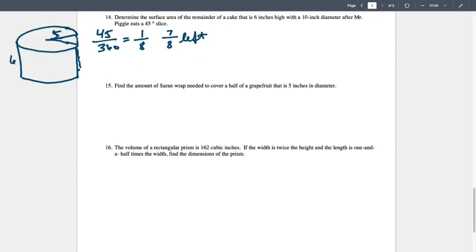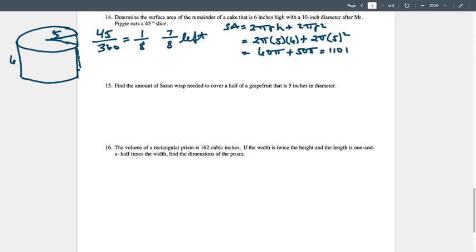All right, so if we calculate the cylinder's total surface area, my formula is 2 pi RH plus 2 pi r squared. So we'll do 2 pi, my radius is 5, the height is 6. All right, so 2 times 5 is 10, times 6 is 60, so 60 pi, plus 25 times 2 is 50.